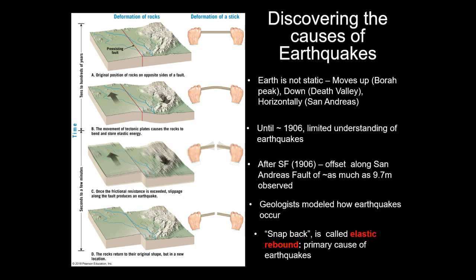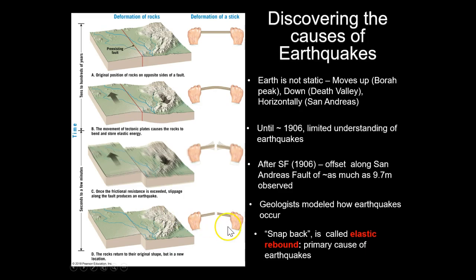Okay. So at some point, that stress is so great that it overcomes the frictional resistance, that locking mechanism at the fault. And that is when we get the earthquake. The deformed rock will return to its original shape, which is right here, relatively speaking.